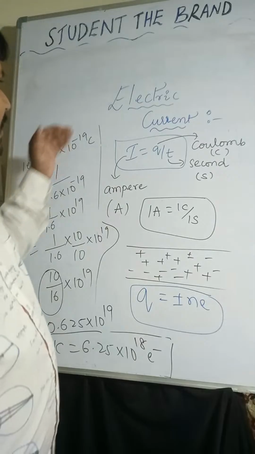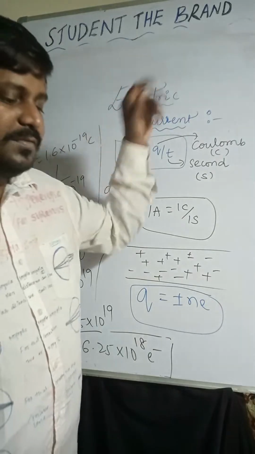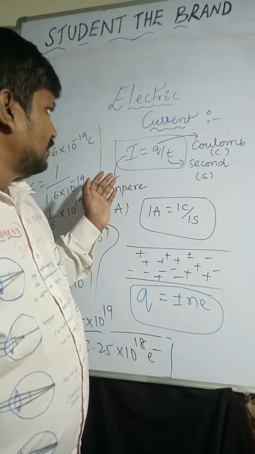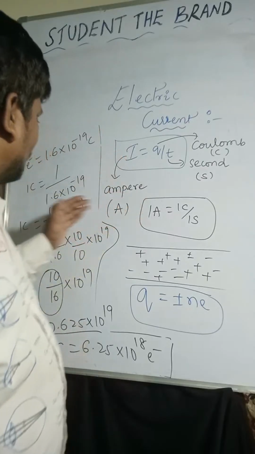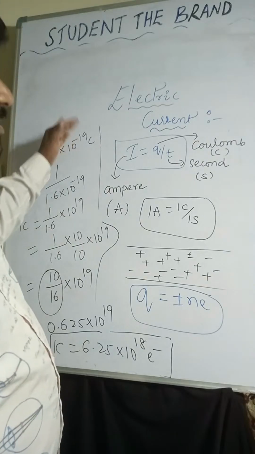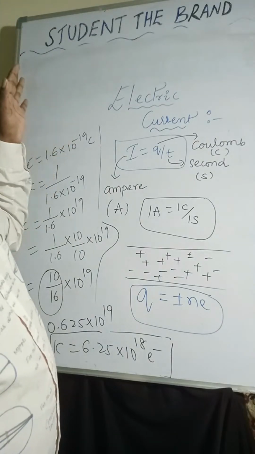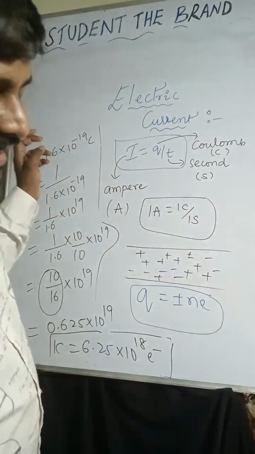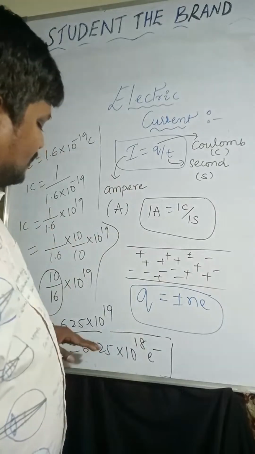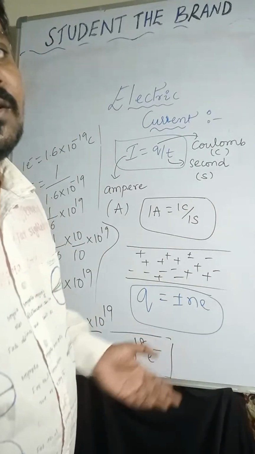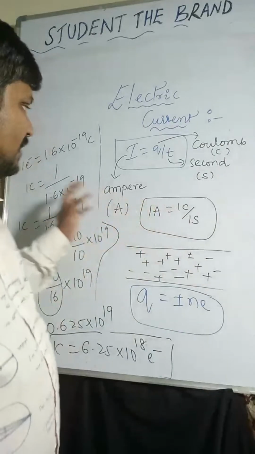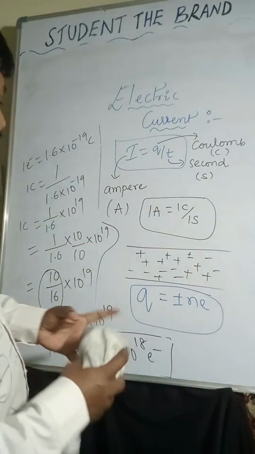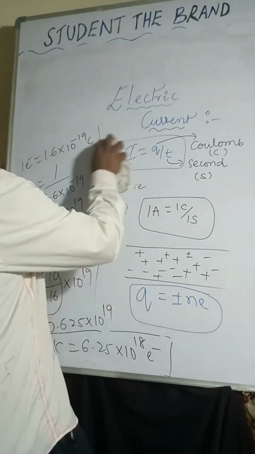Electric current is the rate of flow of charge. On one electron, the charge is 1.6 into 10 power minus 19 coulomb. In 1 coulomb, 6.25 into 10 power 18 electrons are present. I hope it is very clear to you all. Next topic, we'll discuss electrical appliances.